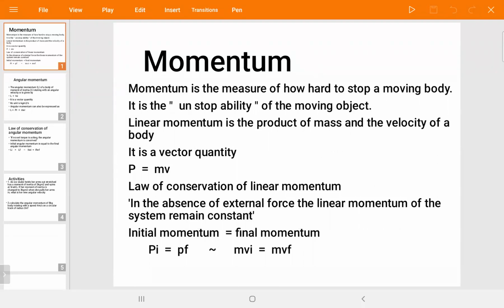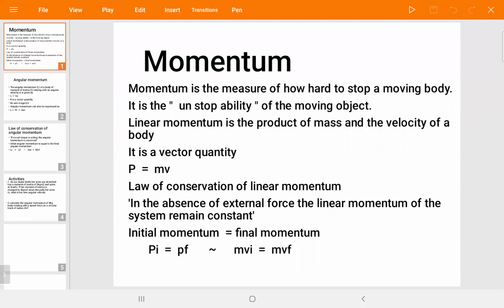For any object that has mass and speed, we can get the product of mass and speed, and this magnitude is called the momentum of the moving body.